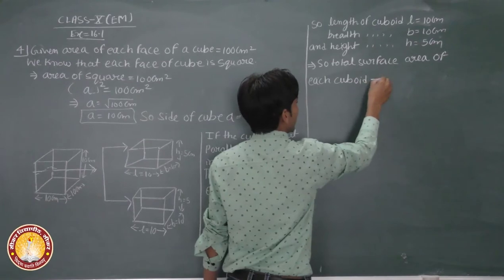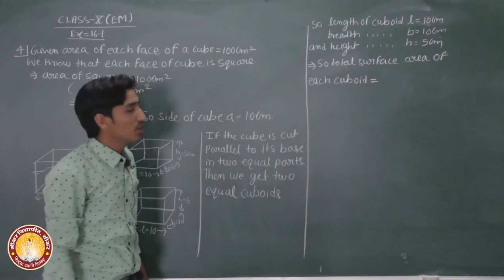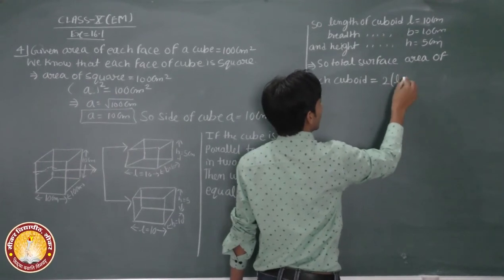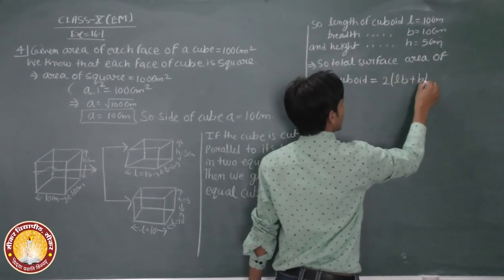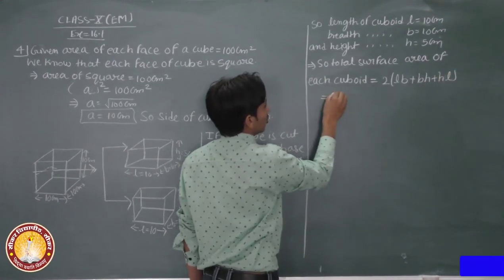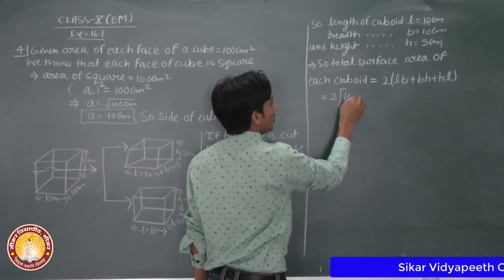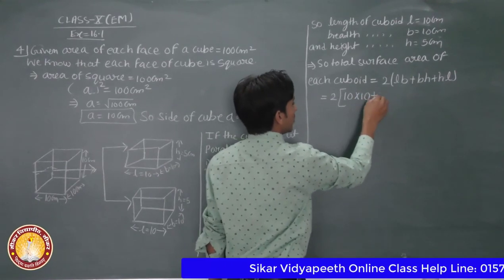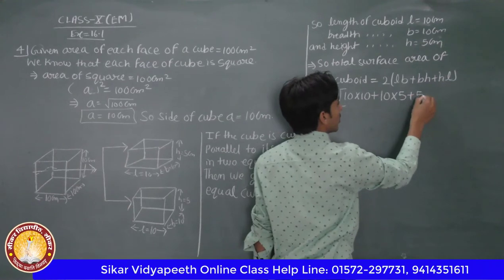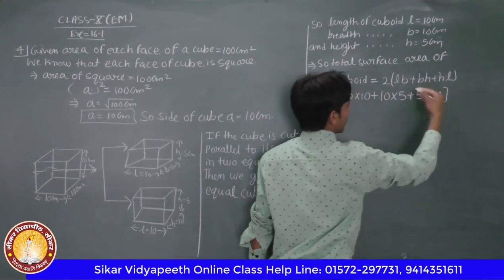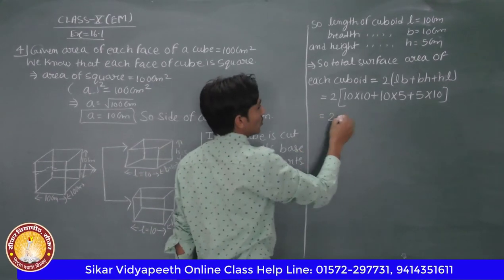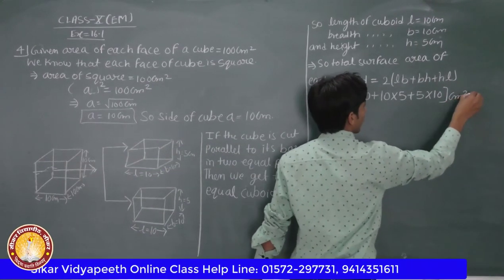Total surface area of each cuboid is 2 bracket LB plus BH plus HL. So 2 into L into B, 10 into 10, B into H, 10 into 5, H into L, 5 into 10, centimeter square.